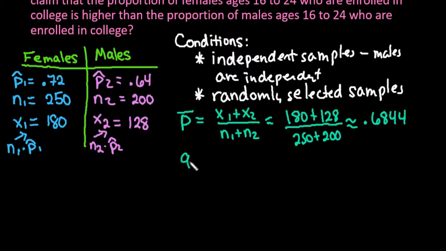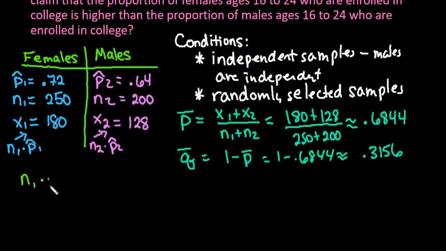Okay, and q bar, remember, is 1 minus p bar. And when we do this, if I take 1 minus 0.6844, we end up with approximately 0.3156. Okay, so our condition or our threshold to make sure that we have a large enough sample is our n1 times p bar has to be greater than or equal to 5.